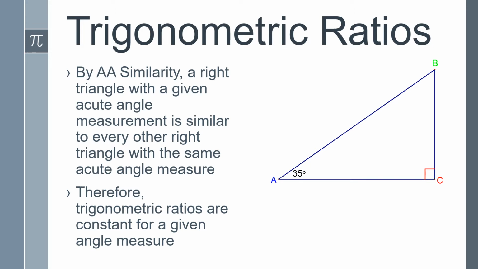So the relationship between the opposite leg, which is BC, over the hypotenuse, which is AB, doesn't depend on the size of the triangle. That relationship is going to be constant as we move closer or further away from angle A.